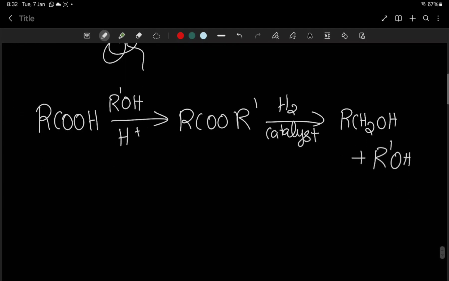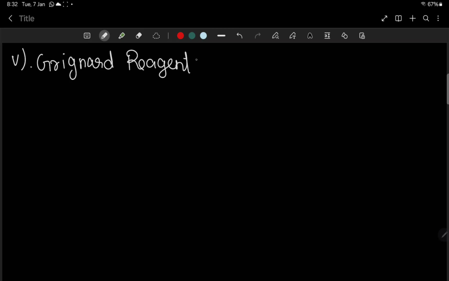This is the method. Now next one is from Grignard reagent. This reaction is also studied in aldehydes and ketones, that is nucleophilic addition of aldehydes. So we are taking a carbonyl compound and adding RMgX into it.